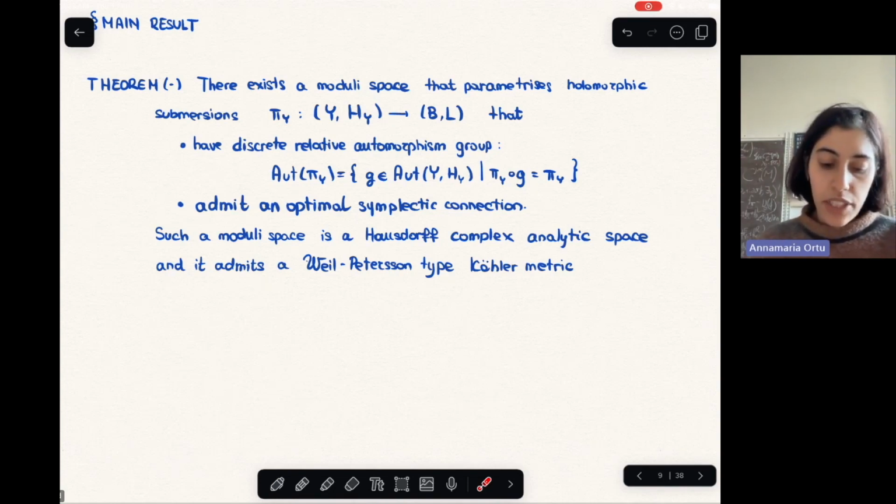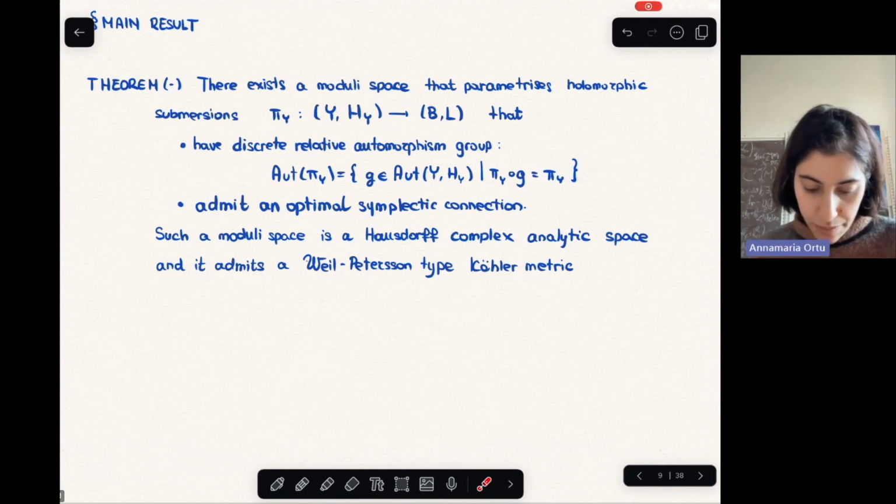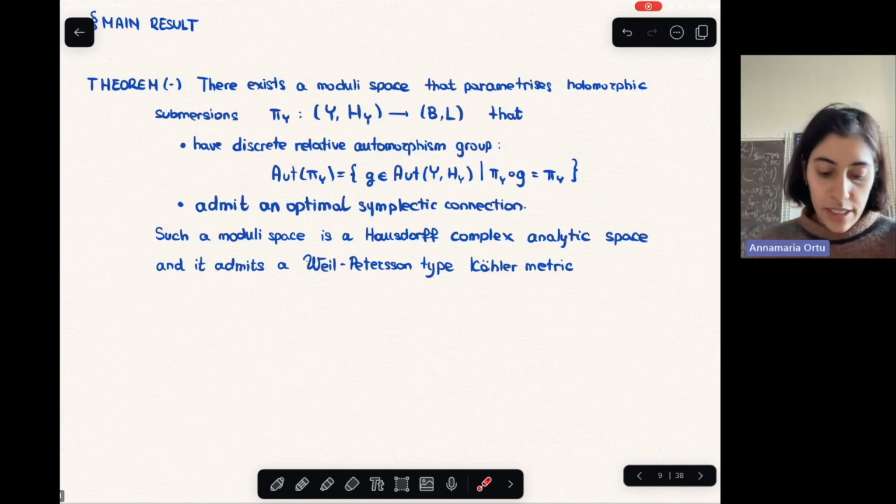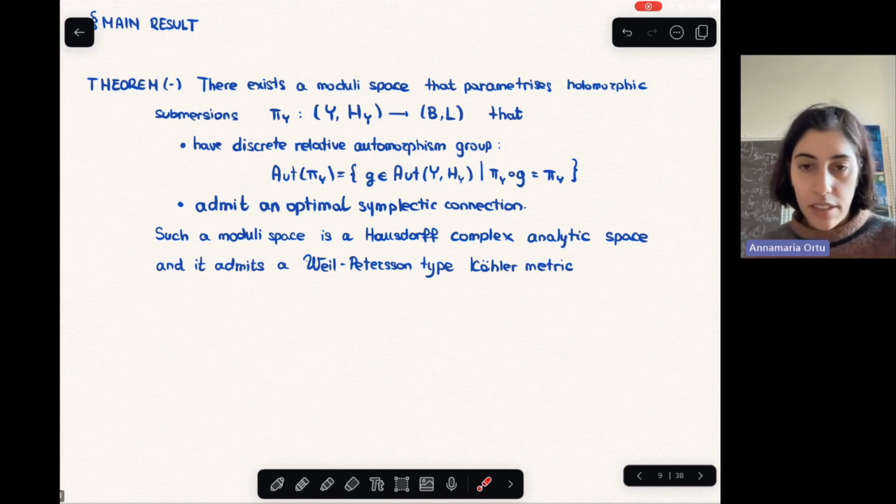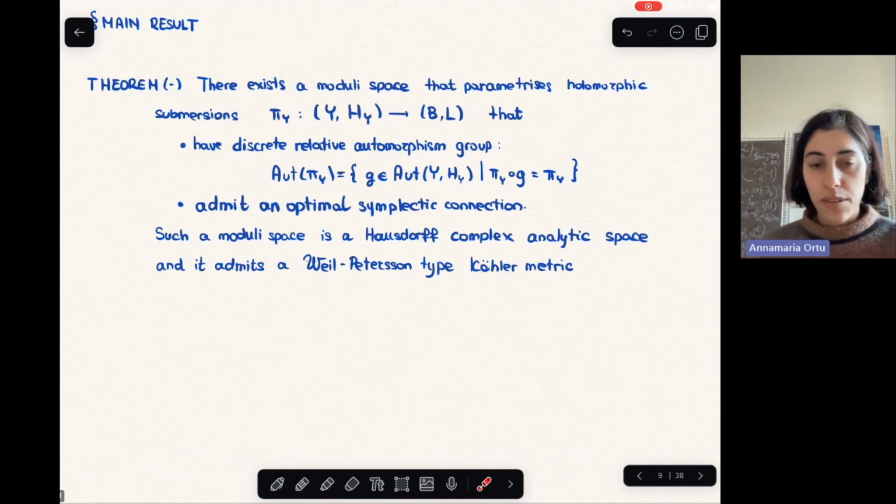They have a discrete relative automorphism group, so the automorphisms of the fibration that commute with the projection form a discrete group, and they also admit an optimal symplectic connection. This moduli space is a Hausdorff space, it's a complex analytic space, and it also admits a Kähler metric that is a Weil-Petersson type Kähler metric.